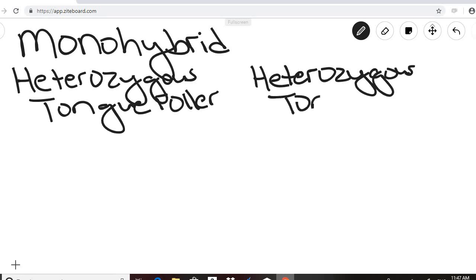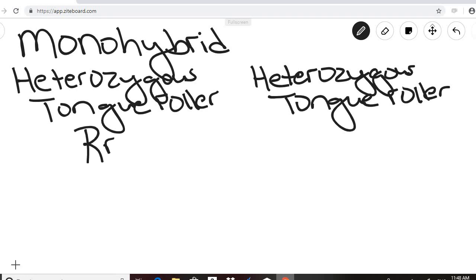What are the possibilities and percentages for their offspring? Since tongue rolling is dominant, and they're heterozygous, they would both look like that.